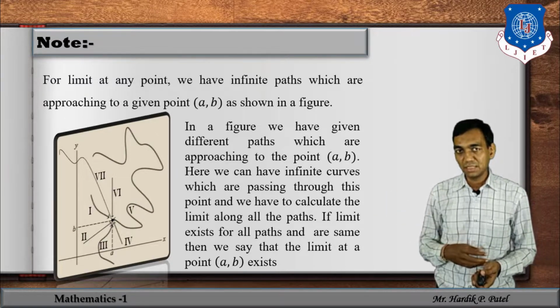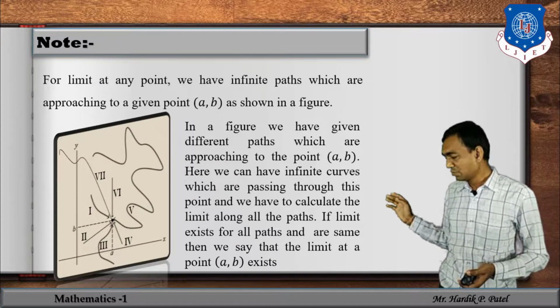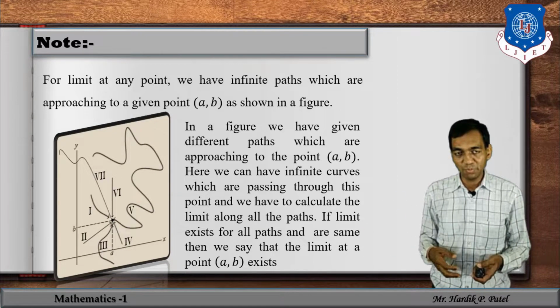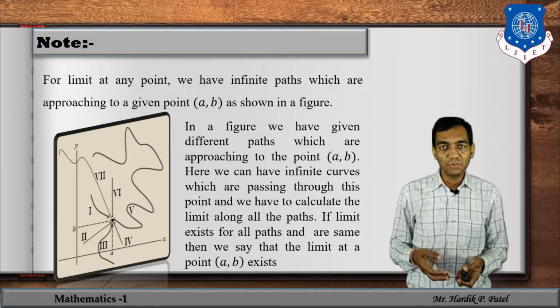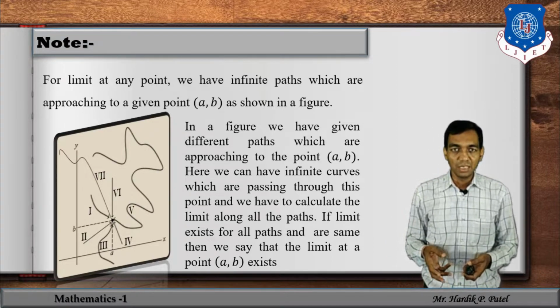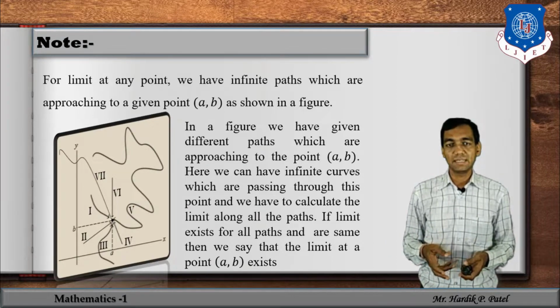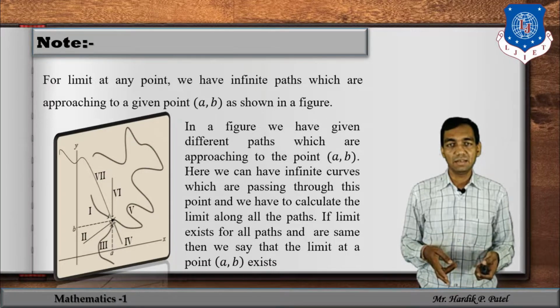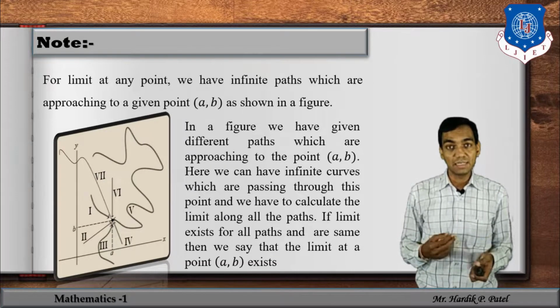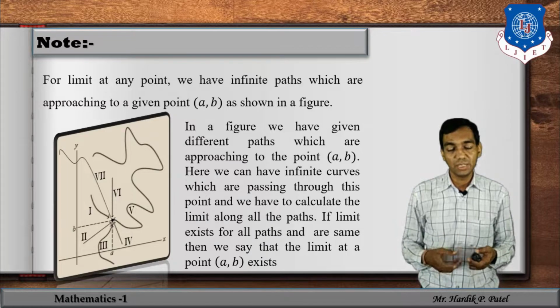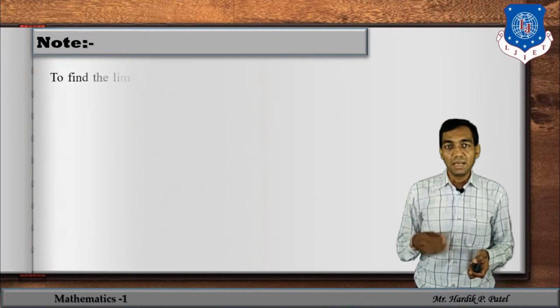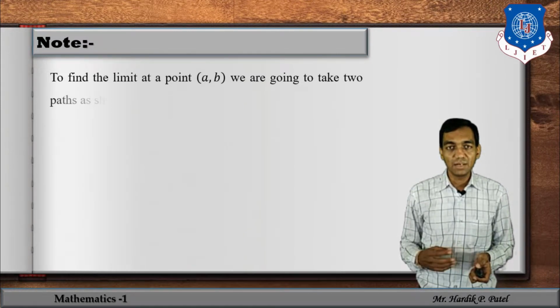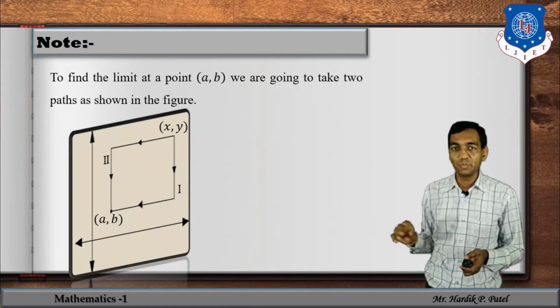It is not necessary to assume only this many paths; there are infinitely more. If you have to find the limit, you have to find it along all of them. If the limits along all the paths exist and are all the same, then you have a limit at the point a comma b. Now, instead of that, we are going to use a simpler approach.